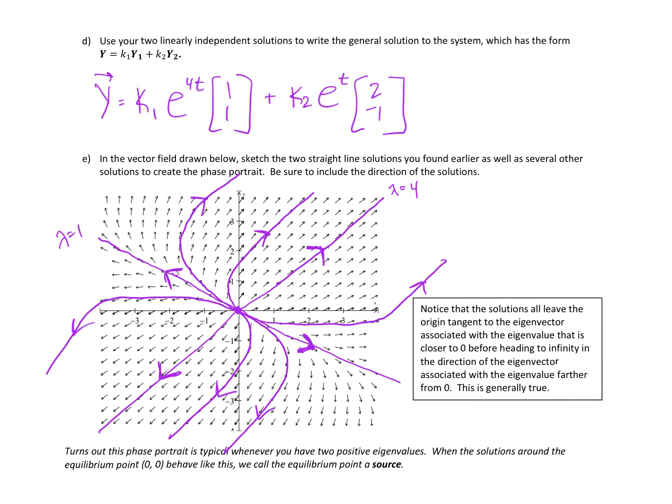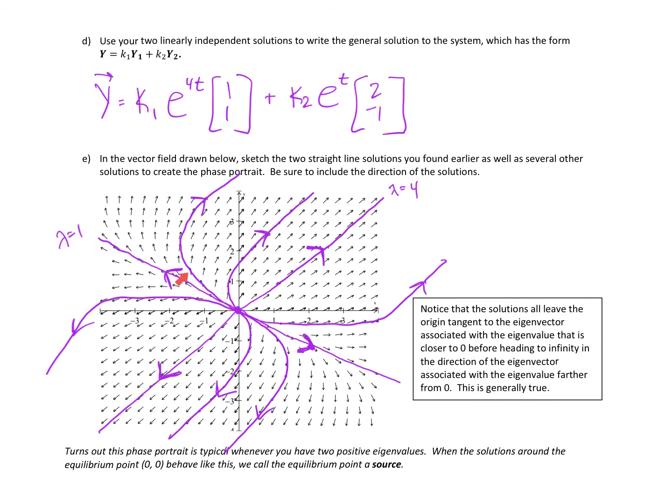Okay, so what we should notice about this picture is that the solutions all leave the origin tangent to the eigenvector associated with the eigenvalue that's closer to 0. So all of these solutions I drew leave in a manner that is tangent to the lambda equals 1 eigenvector.